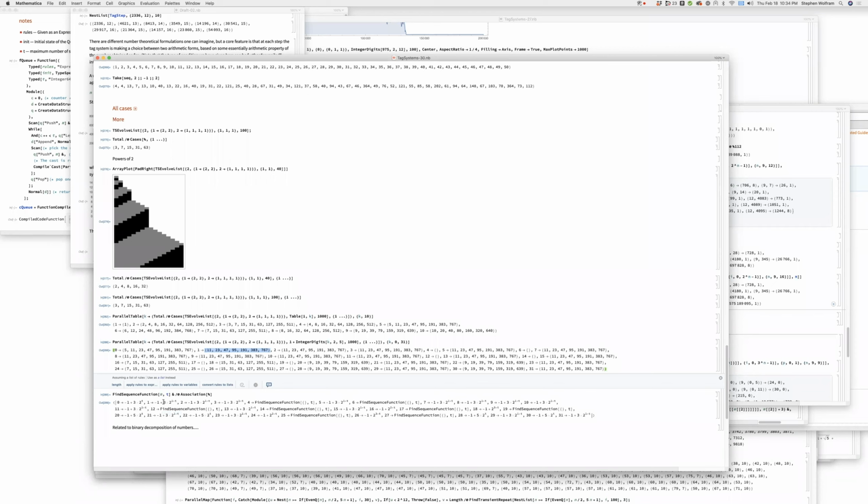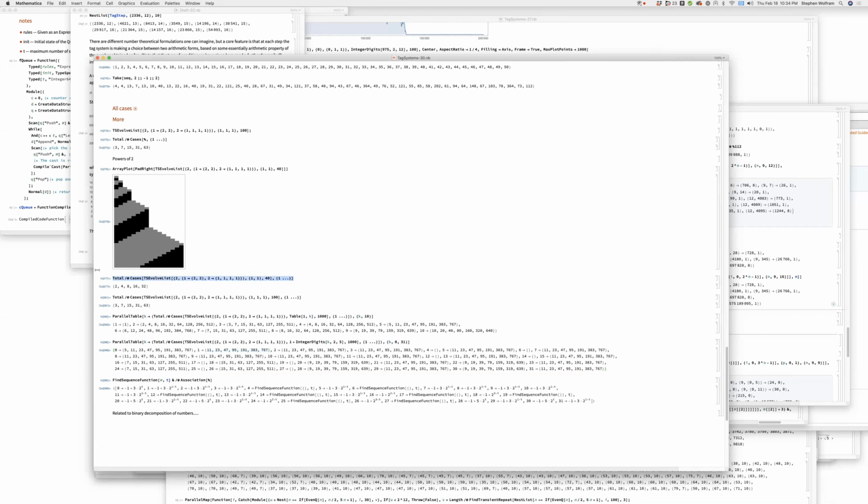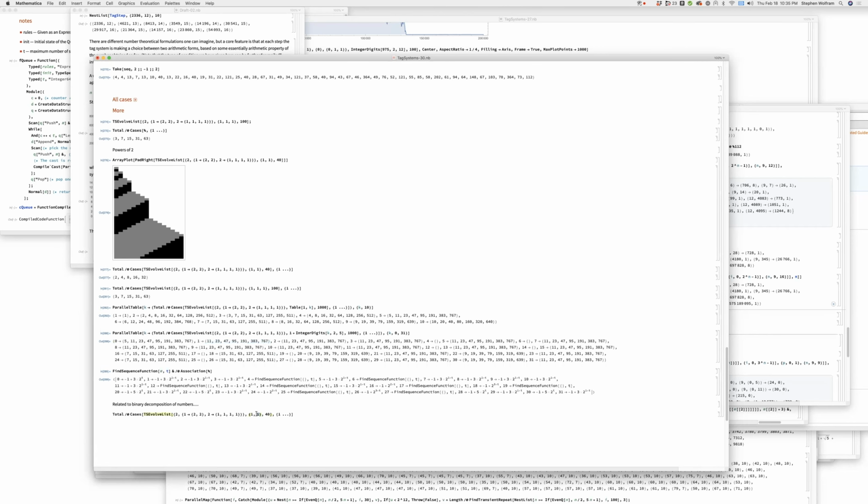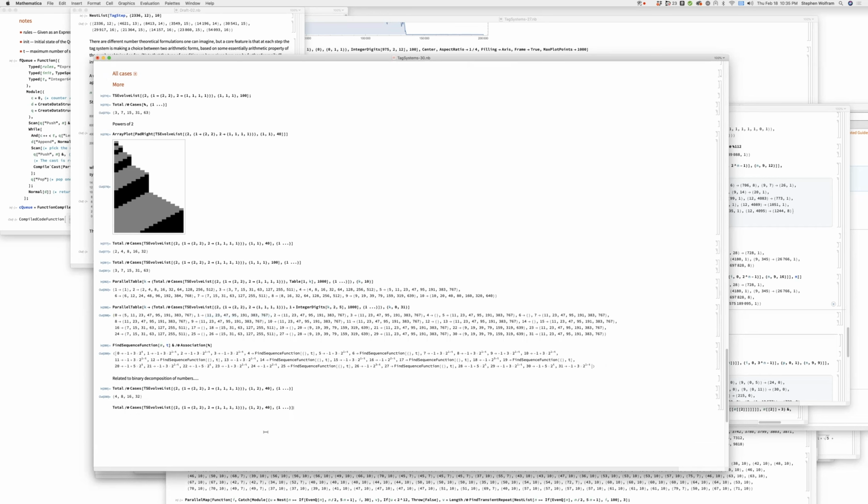1s is here. Oh, this is always length 5. Right, so the case we want to look at here is this one here, where we say 1, 1, 2. Okay, now we'll say 2, 1.